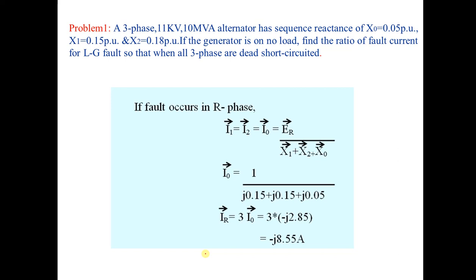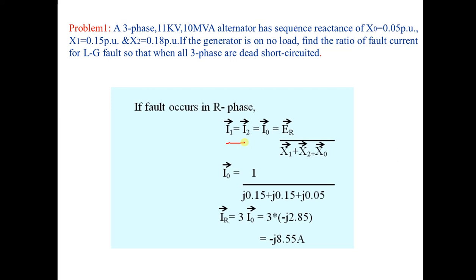If the generator is on no load, find the ratio of fault current for a line to ground fault to that when all three phases are dead short circuited. If the fault occurs in the R phase, I1, I2, I0 will be equal, and this will be ER by X1 plus X2 plus X0.